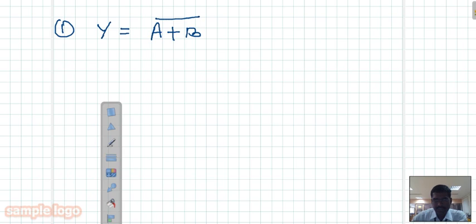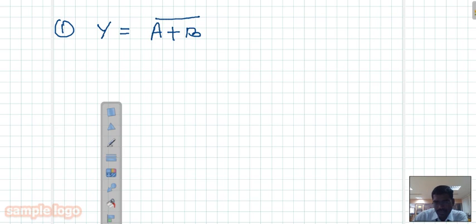In general, we have series and parallel connections. This is the basic rule we always remember.